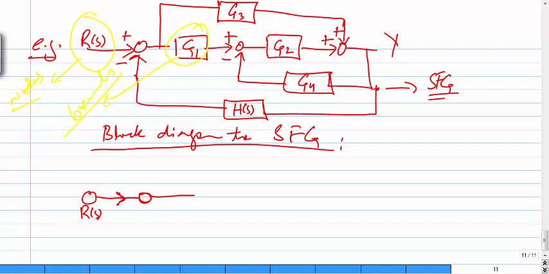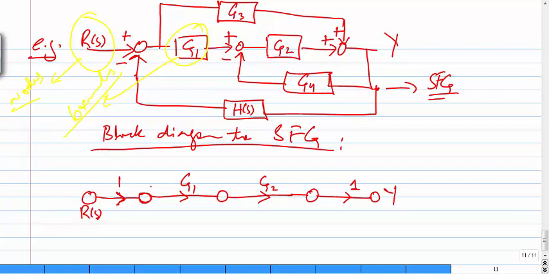For this one, if I go further, it becomes G1, then there's another node, then we have G2, then there's another node, then we have 1 with the output Y. Okay, now there's also 1, because if there's no gain, then there's 1.